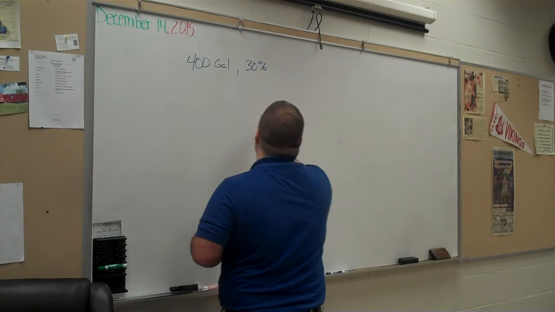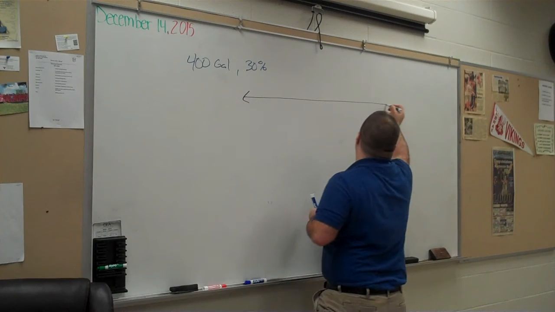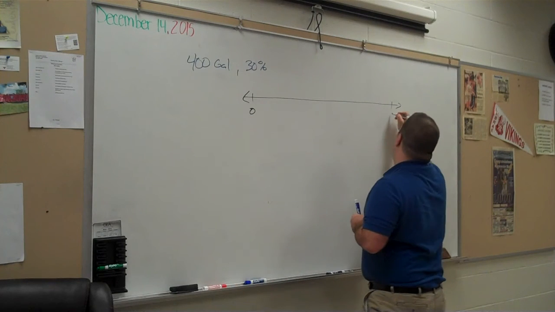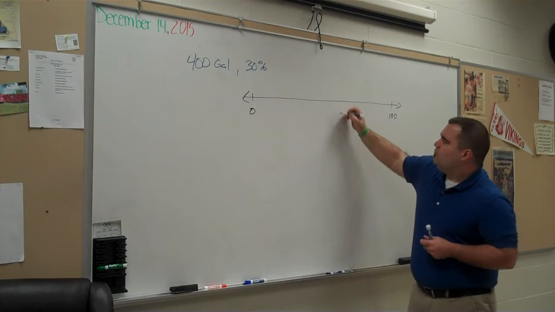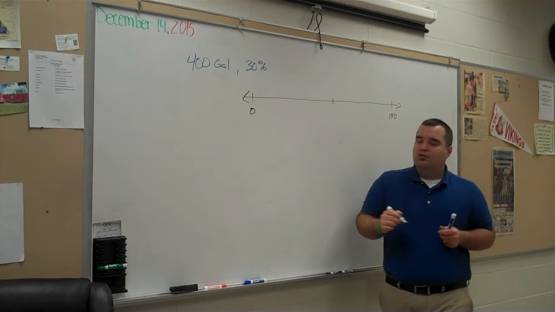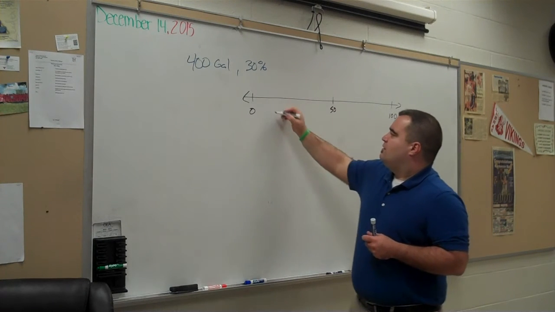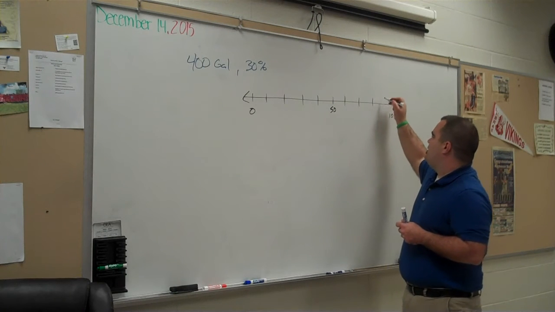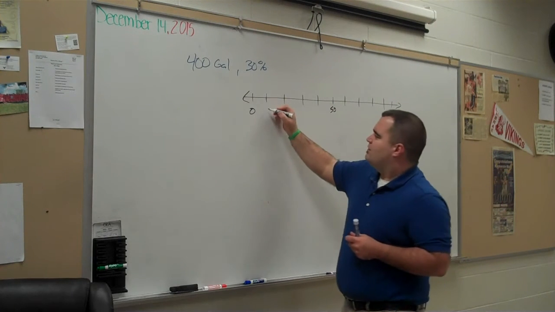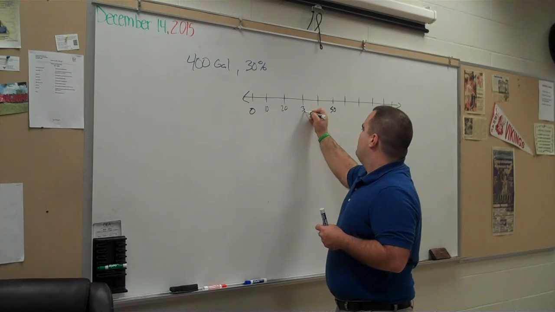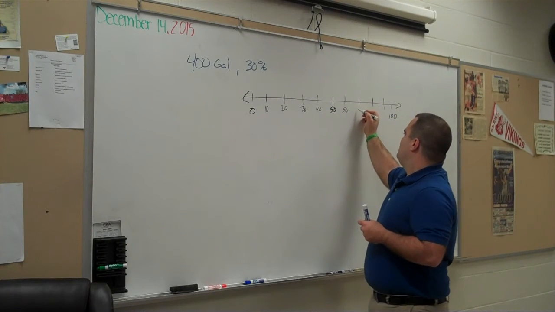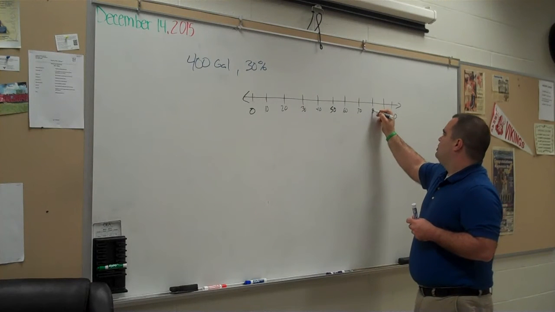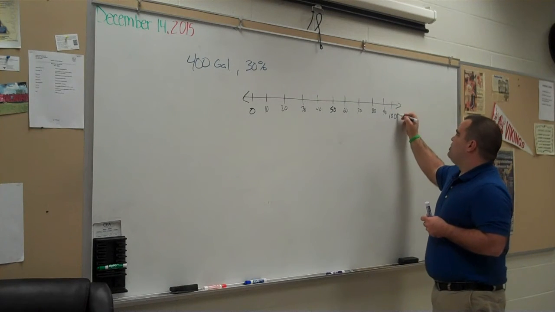All right, so the first thing you'll start off with is a number line. 0% and 100%. What's halfway? 50. 10, 20, 30, 40, 50, 60, 70, 80, 90. And these are all percents.